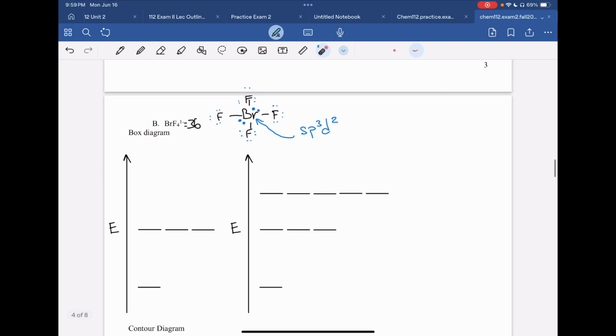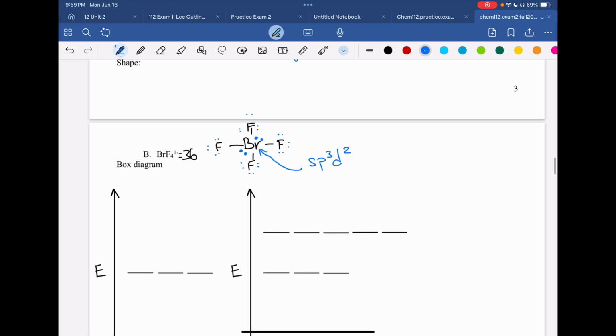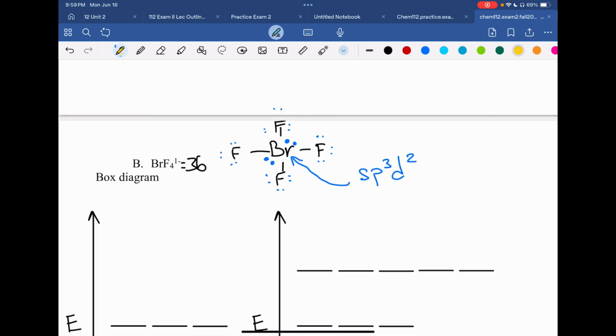Must be crucial. If it's an ion, you have to follow formal charge. So the formal charge of this fluorine atom, remember, 7 minus 1, minus 1, minus 6, 0. Okay, that goes for all the fluorines, it's the exact same.